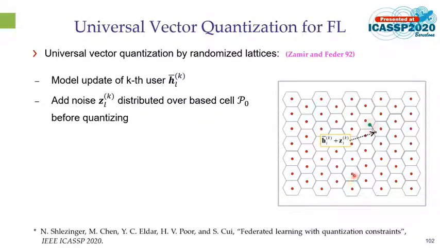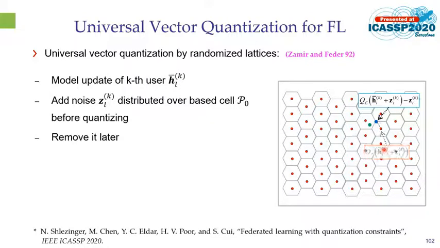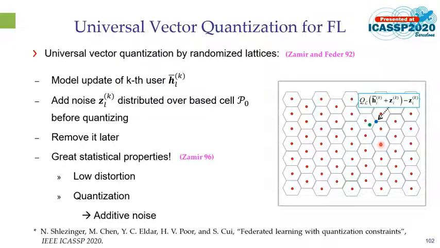Then we quantize it, namely we assign it to its closest lattice point, its centroid, and this is the value which is conveyed over the uplink channel. This is a discrete value, so it can be represented using a finite number of bits. Then, on the server side, we exploit the fact that there's a source of common randomness, such that the server can know the dither signal and subtract it. And then what we get is a scheme called subtractive vector quantization based on randomized lattices, and it has great statistical properties.